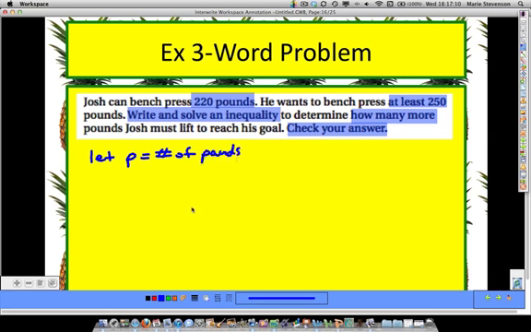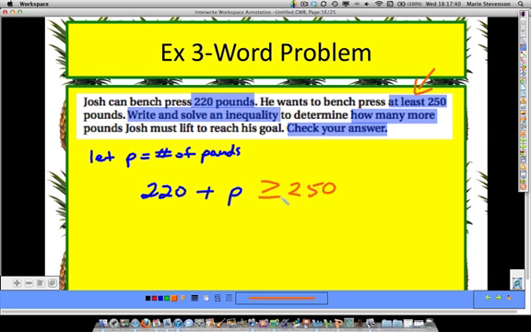Okay. Now, he can already do 220 pounds. So we're going to say 220 pounds plus P. The question is how many more does he need to lift to get at least 250? Now, if it's at least, that's a minimum. So we can equal 250, but if it's at least, we want it to be greater than or equal to 250.